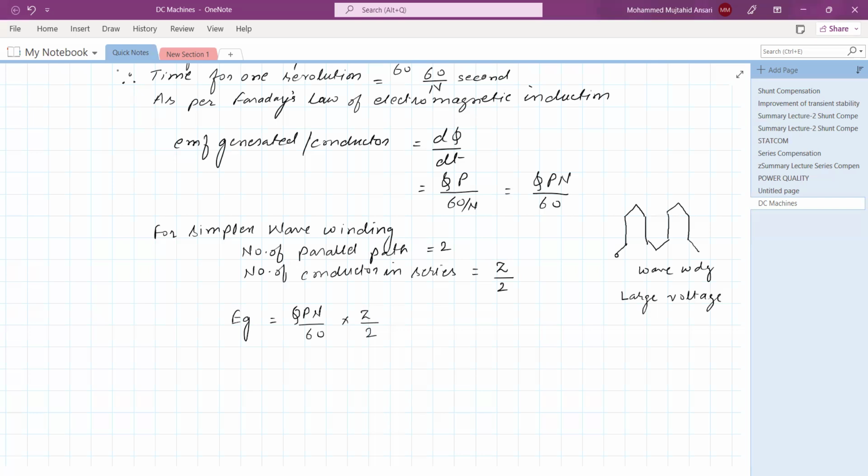So this is the equation for wave winding.